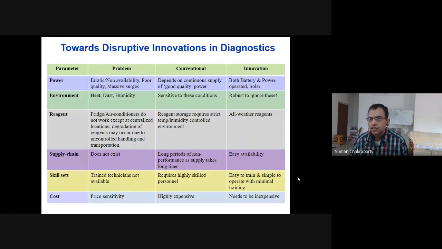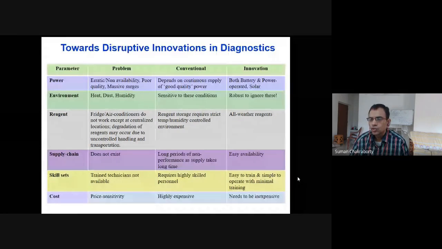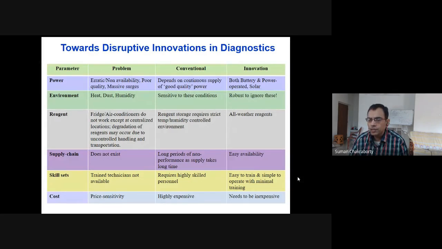This requires certain disruptive innovations, which is very much a frugal innovation, but sometimes it may also demand a very high-end scientific innovation, considering the fact that the power supply in the field where these diagnostic tests are being implemented is either not available or erratic or of poor quality.